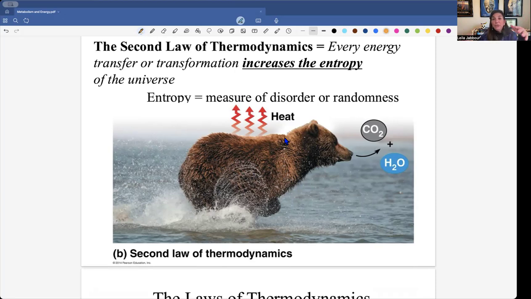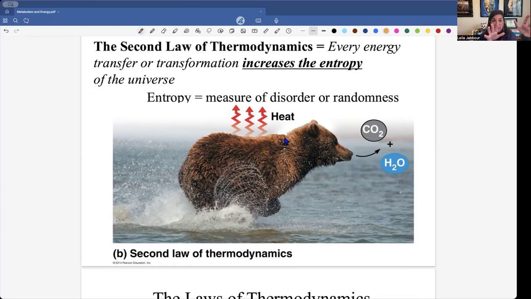Yes, it moves the wheels, great. The motor's running and the car's moving forward, but there's also heat loss in the engine, in the tires, and that's another form of energy. So not 100% of the energy goes to kinetics. 100% of that potential energy is used for other types of energies.